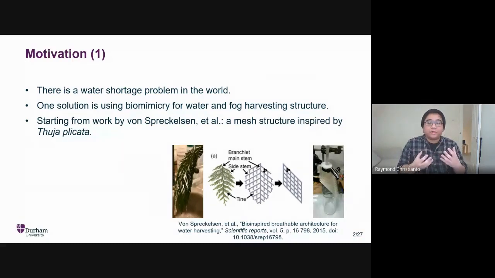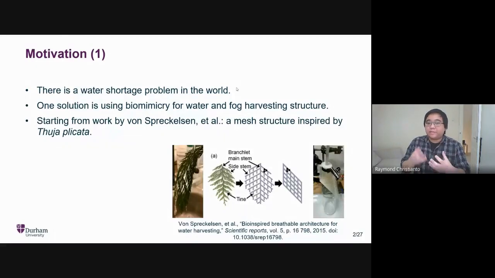Our starting point is this work by my second supervisor, Jas Badyal. In this paper, they found a plant called Thuja plicata, which has the ability to collect rain water. After rain, water cannot penetrate the leaf and wet the soil underneath. So Franz Perkerson et al. studied this leaf.